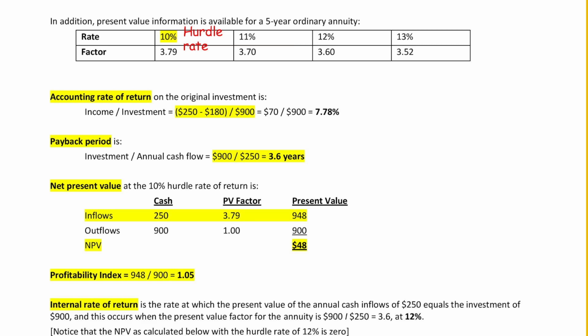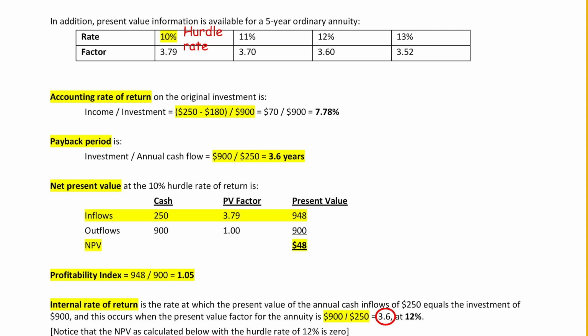And this occurs when the present value factor for the annuity is, highlight, $900 divided by $250. So this is the same formula as we had for the payback period, just that the resultant 3.6 is a present value factor. So circle 3.6 and let's find 3.6 on the present value of annuity table that we have.